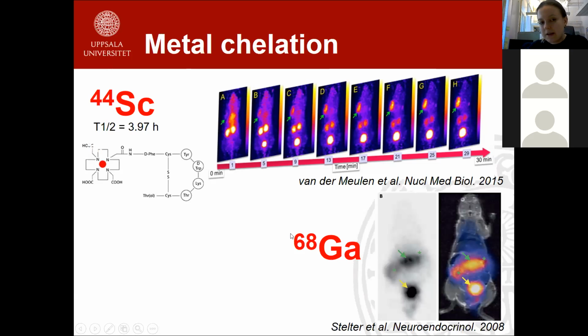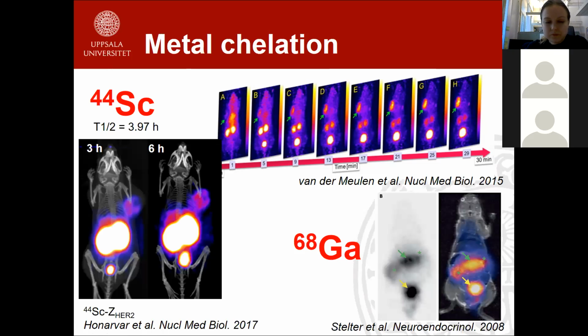So gallium-68 is much more widely used compared to scandium, but their labeling chemistries are similar. And there were also some studies from our group that used scandium-44 for labeling of HER2 targeting antibodies and imaging of cancer in mice.